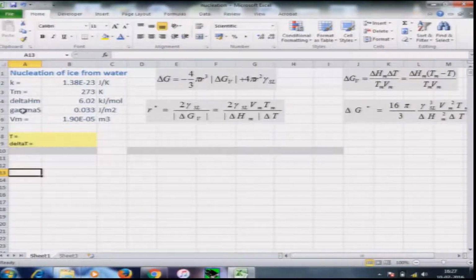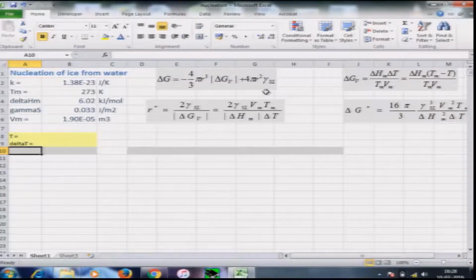The solid liquid interfacial energy gamma S is 0.033 joules per meter square. Molar volume of ice is 1.9 into 10 to the power minus 5 meter cube, and K here is the Boltzmann constant. I have also put down for reference the relevant expressions for delta G, delta GV, R star, delta G star, etc.